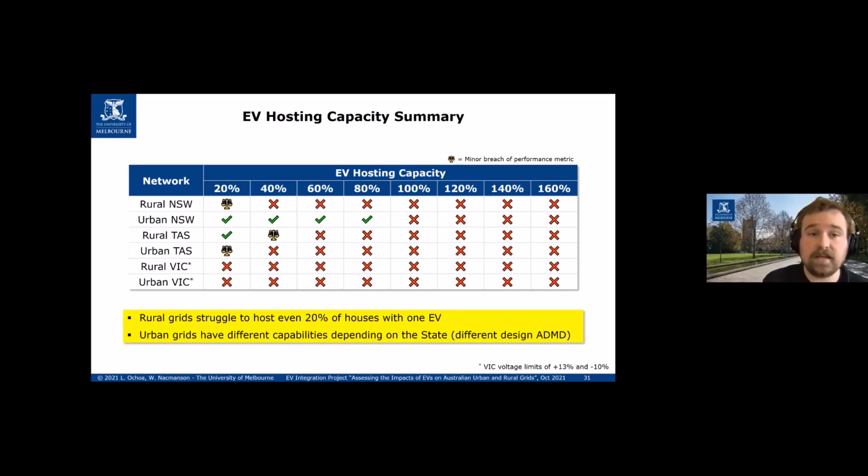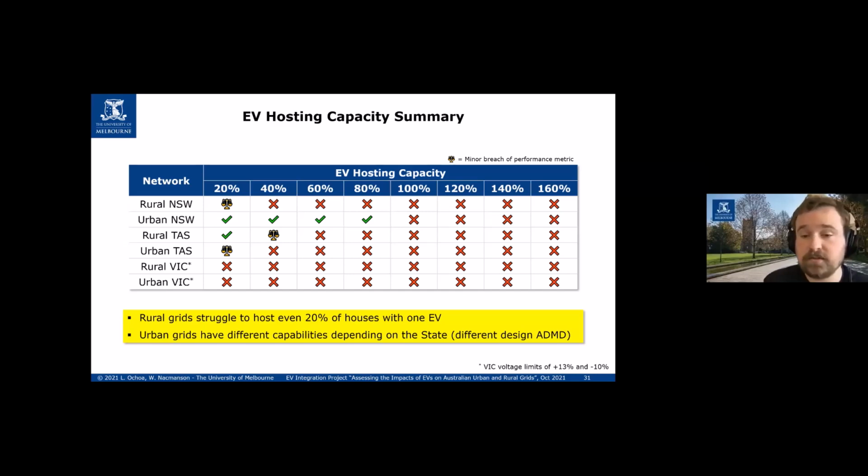In particular, the ADND that we're using to model the pseudo LV feeders, as well as the inherent residential demand in those LV feeders, both impact the urban feeder performances. But in general, urban is doing a bit better than rural, but we have problems, and we'll get into what those problems are and what the limiting factors are that are preventing a higher hosting capacity for EVs.